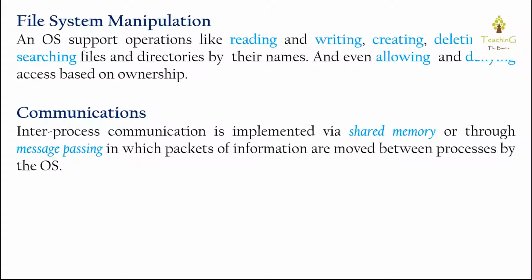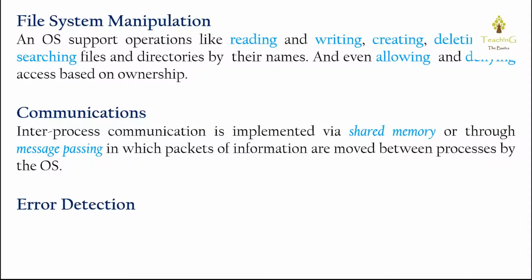Let us suppose two different processes are working on, or sharing, a similar resource. So those processes need to communicate with each other. So the operating system, with the help of shared memory or message passing techniques, allows the processes to establish communication between themselves.